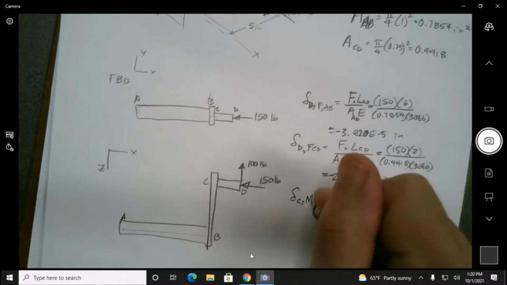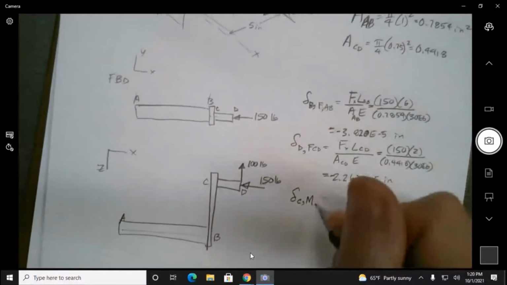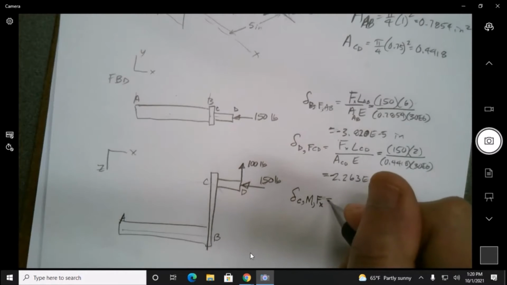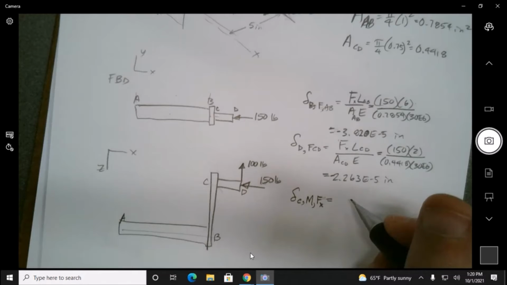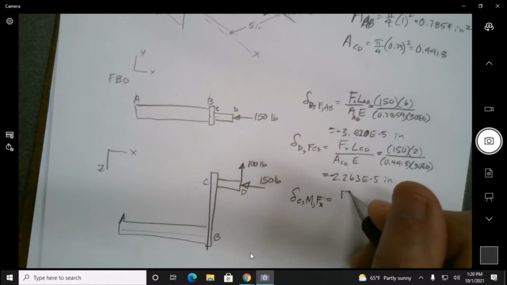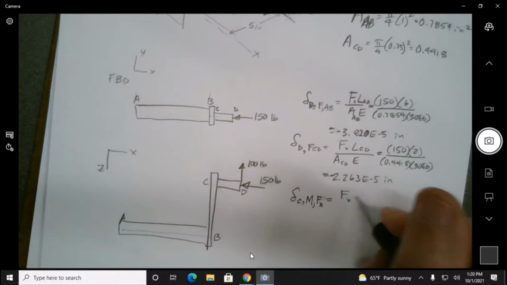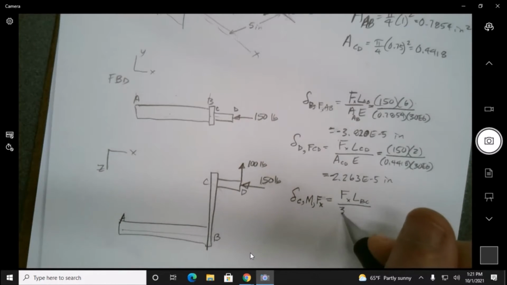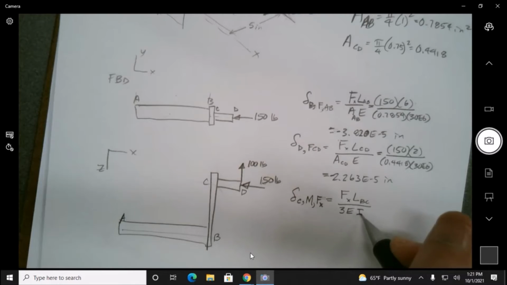So like the moment, and I'm deviating from what I have done in the other examples. I wish I could peek at the examples and see what they had done here. But this is the equation here. It's going to be F, and I'll say that's X, L BC divided by 3EI, and that I needs to be of CB.